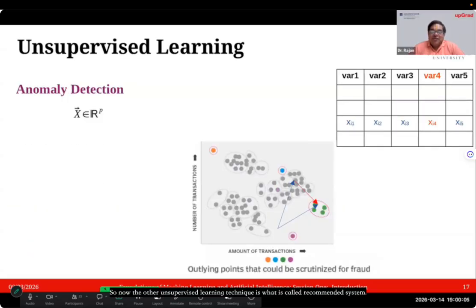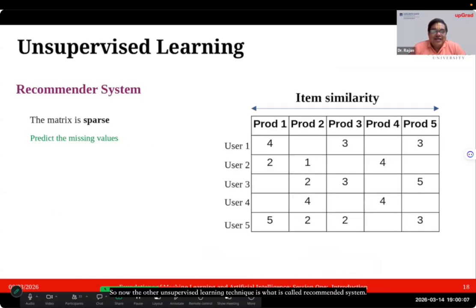Now, the other unsupervised learning technique is what is called a recommender system. I think we discussed this a little bit in the previous session. This is used in retail, and we can definitely use it in many other domains. The idea is, we look at the columns.